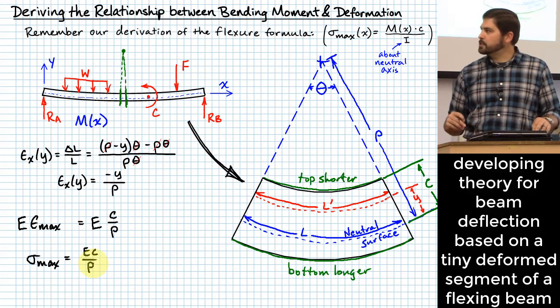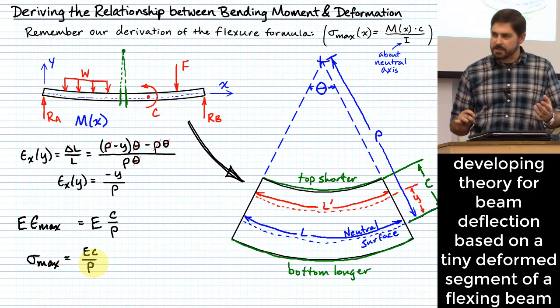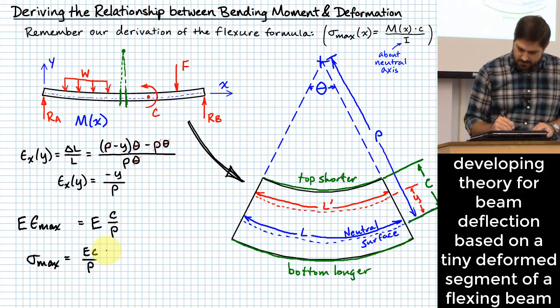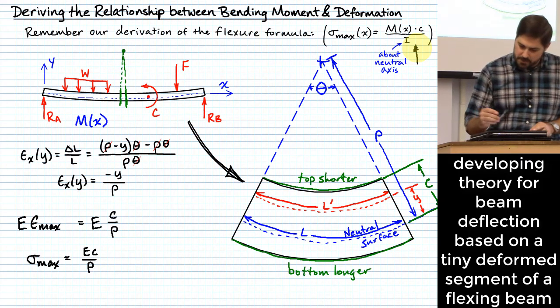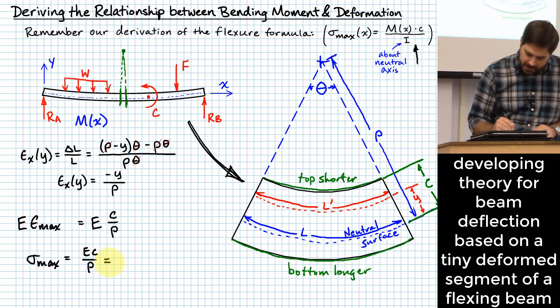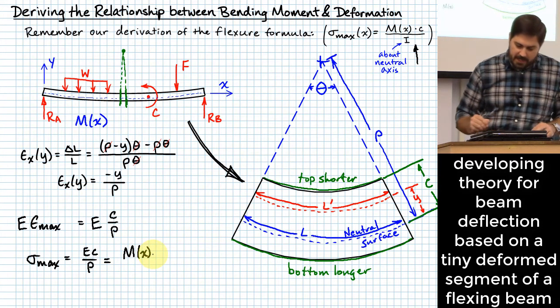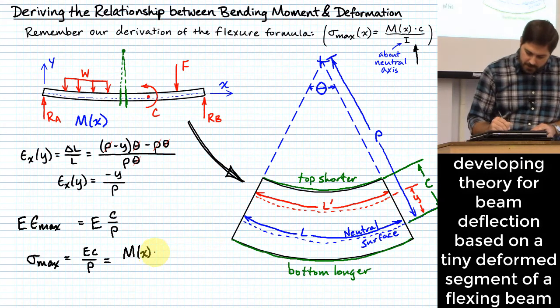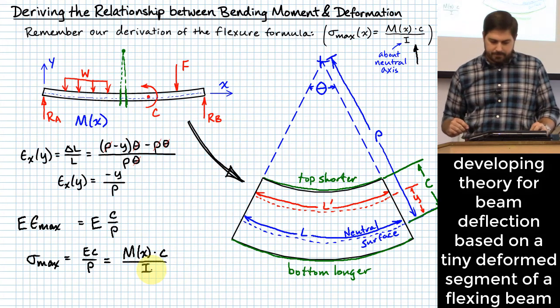But we have another expression that we derived for maximum stress as well. What was that expression? I've got it up here actually. We have MC over I for maximum stress. And so one of the things I can do is just go ahead and set this equal to this, and I'm going to leave this M stated as a function of X, times C over I. Okay?